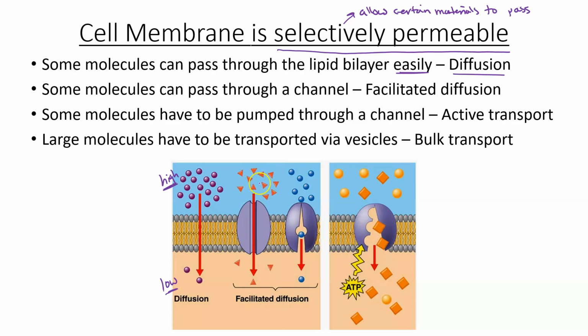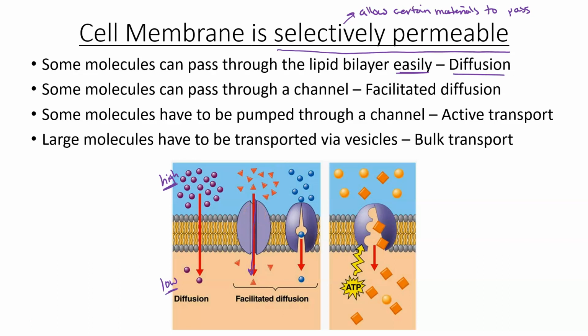These solute molecules would be too large, however, to just readily diffuse through the membrane, and so they need this hole or this gate in order to pass. And so these molecules, again, would be going from high to low, but would be facilitated or helped through the membrane through this channel protein that serves as a kind of gate for these materials as they pass.